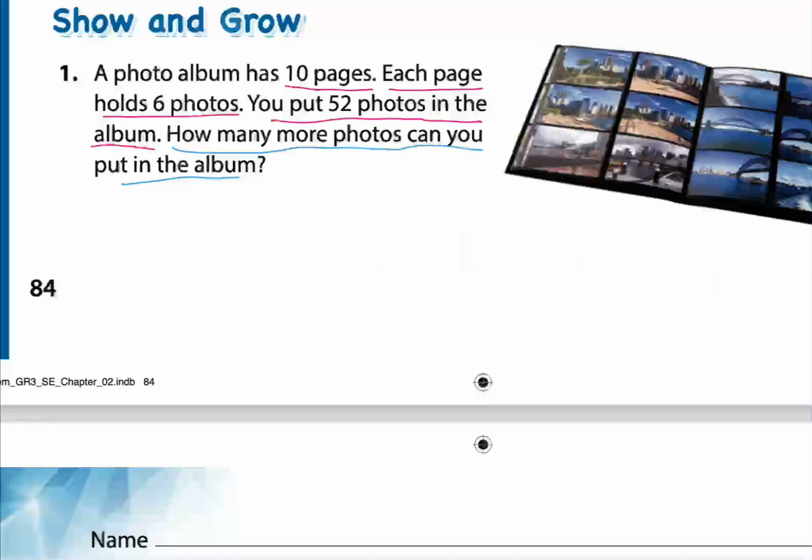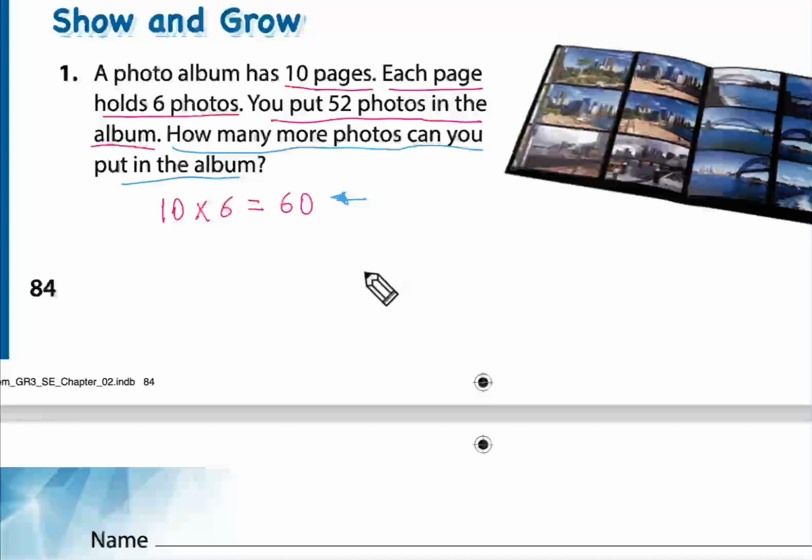The first step, again, we multiply 10 times 6. What is 10 times 6, my heroes? 60. And to remind you, what is this 60? This is the total number of photos that you can put in the album. This is what you can put in the album in all.